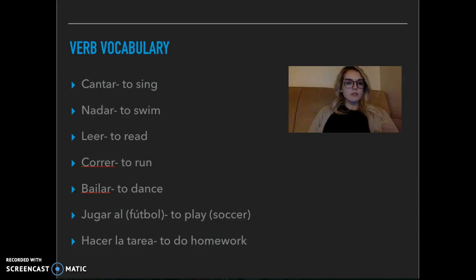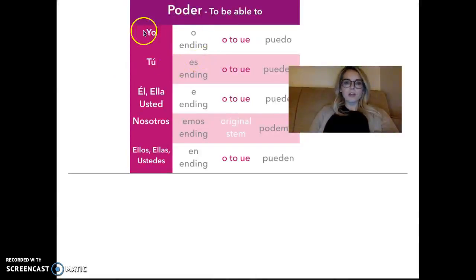So we are going to work with the verb poder, to be able to. So this is just our little conjugation breakdown. This verb does conjugate normally with the endings, but it also has a stem change, meaning that the spelling will alter from one tense to the next, or from here, poder in the infinitive form, to being conjugated to our person, whoever is doing the action.